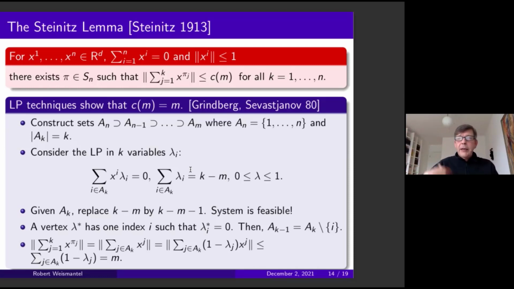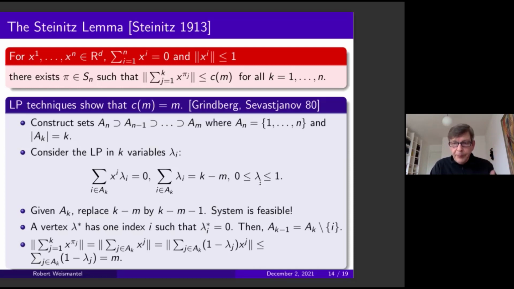So now look at an extreme point. A very simple analysis shows you that such an extreme point has to have the property that not all lambda_i values can only attain upper bounds, but there has to be at least one such that lambda_i star is equal to 0.